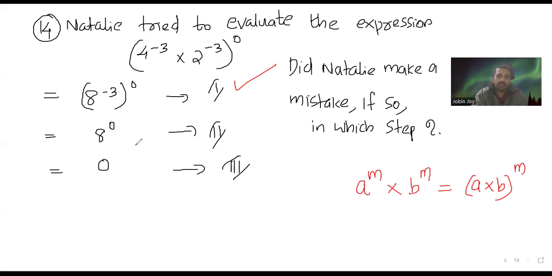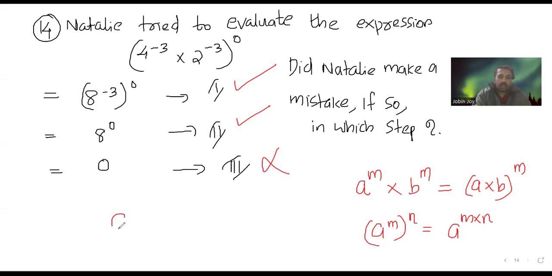Okay. So then step number two. Step number 2 is a raised to m, the whole raised to n form. That means a raised to m into n. That means minus 3 into 0. Minus 3 into 0 is 0. So this is also correct. But the last step, this is wrong. Why is this wrong? As per the laws of exponents, any number raised to 0 is equal to 1.